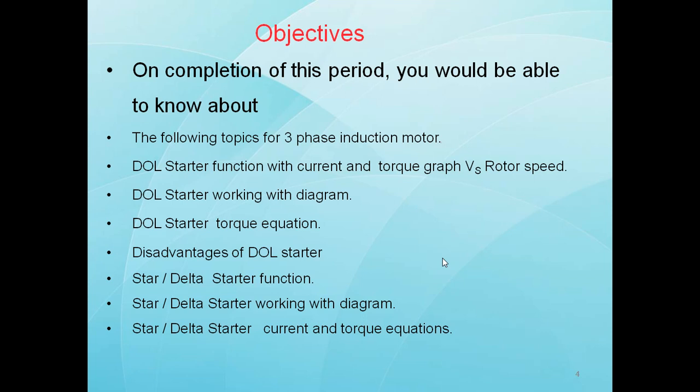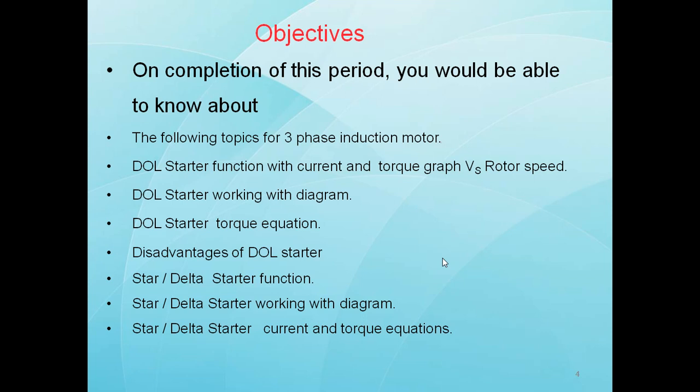The main disadvantage of starting with reduced voltage is a large reduction in starting torque. Whether or not such a great reduction in starting torque is permissible depends on the application.